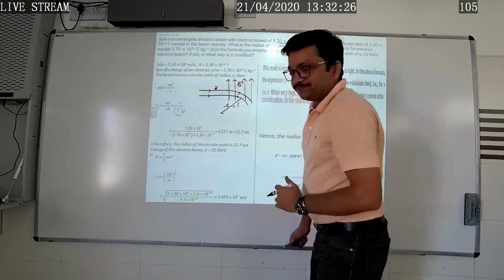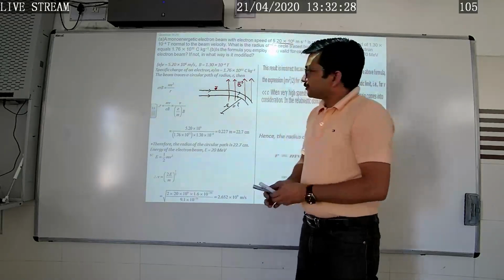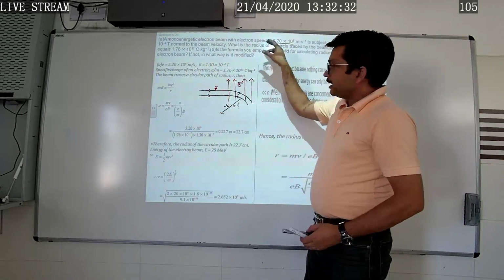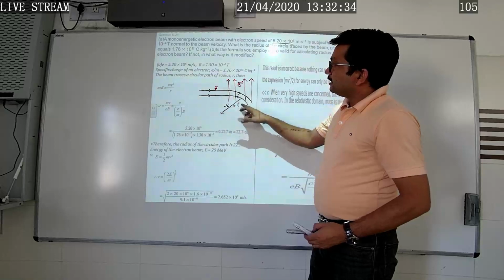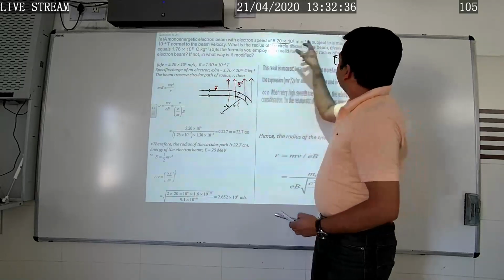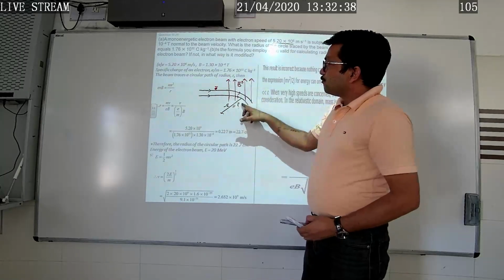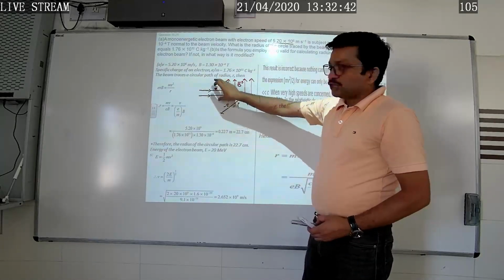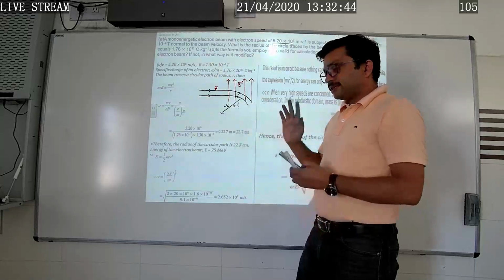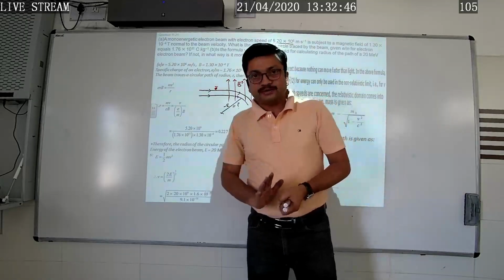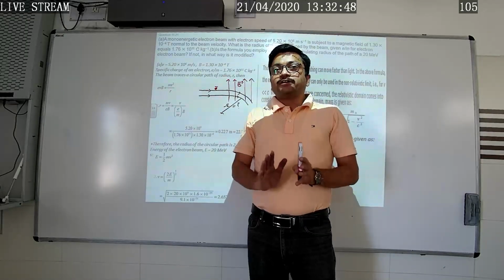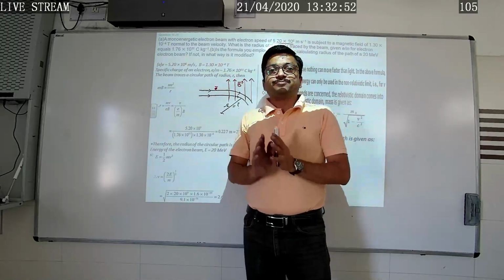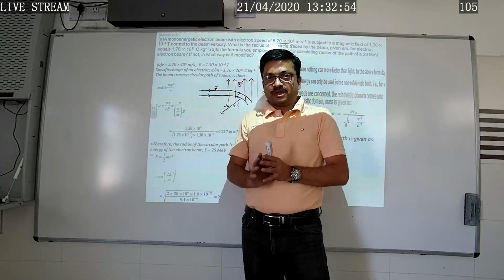Once again, whenever the electron beam moving with some velocity enters the magnetic field region whose value is given to us, the charged particle is forced to experience a force, and that force is called the magnetic Lorentz force.